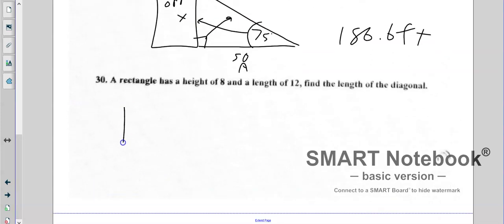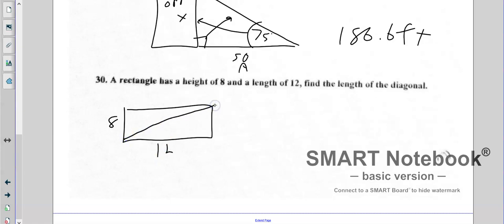A rectangle has a height of 8 and a length of 12. Find the diagonal. That's kind of a bad diagonal, but go for it. All right. So it's a 90-degree angle, and we're trying to find the diagonal, which is the hypotenuse.